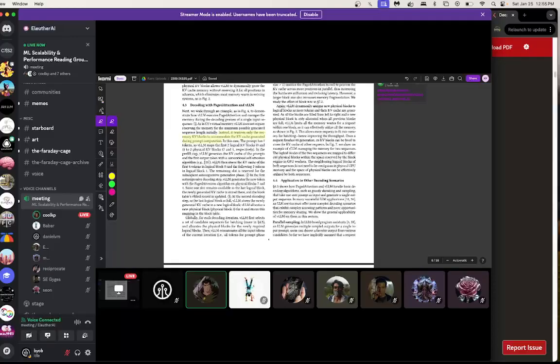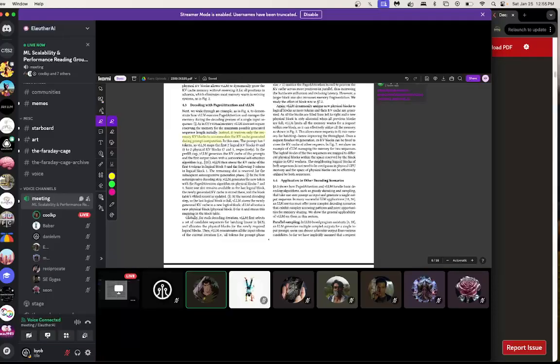Globally, meaning across sequences in the entire batch, for each decoding iteration, vLLM first selects a set of candidate sequences for batching and allocates the physical blocks for the newly required logical blocks. Meaning, the previous steps that we went over are done at the entire batch level.